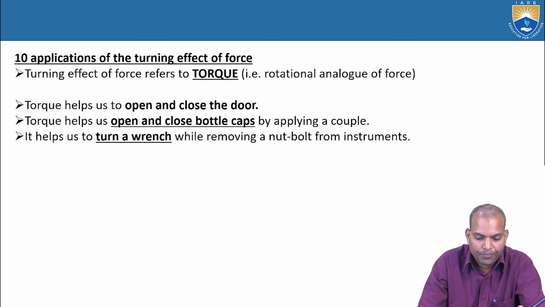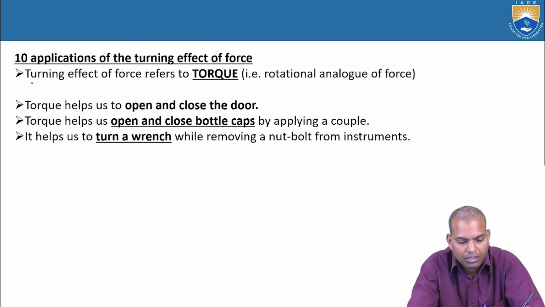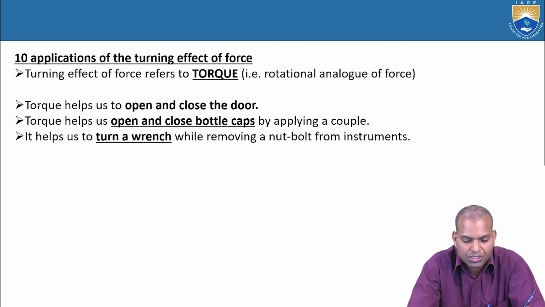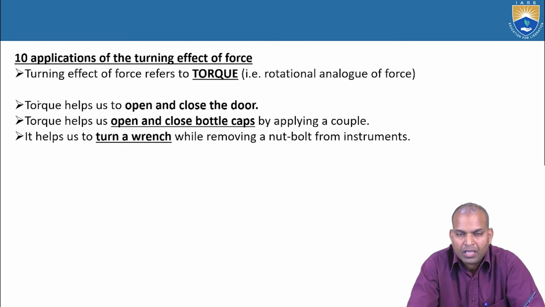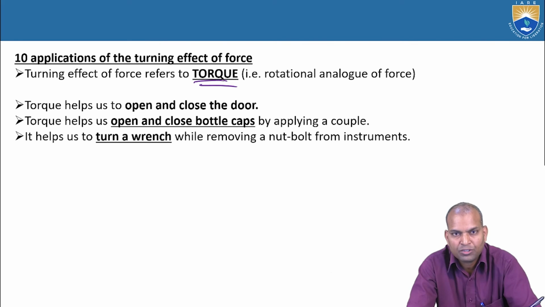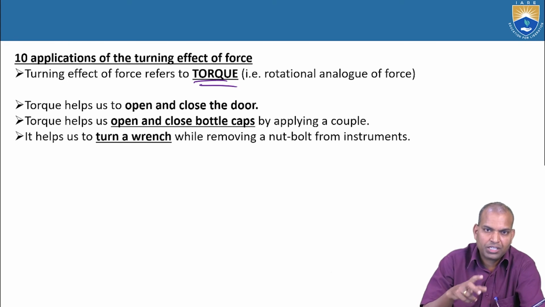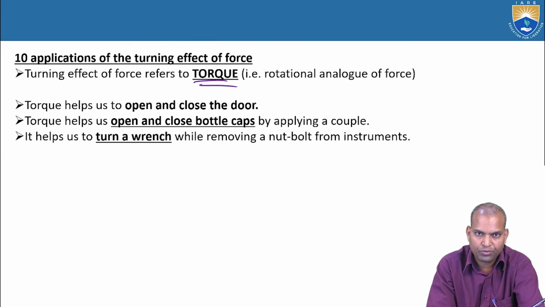Now, there are various applications of this moment. Here we are going to mention 10 applications. The first application: the turning effect of a force refers to what? The turning effect is known as torque. This is the rotational analog of a force. The effect of rotation is caused by the moment of a force.